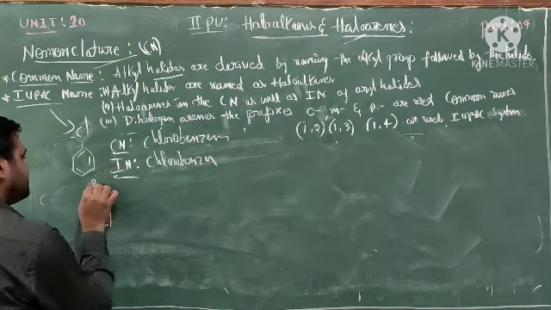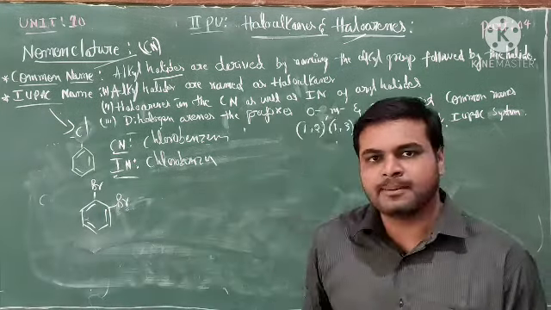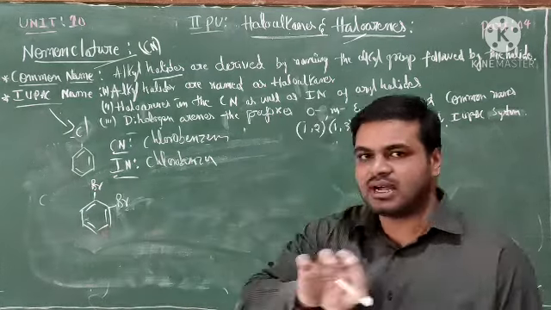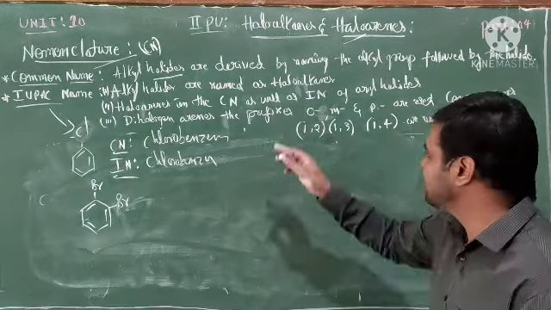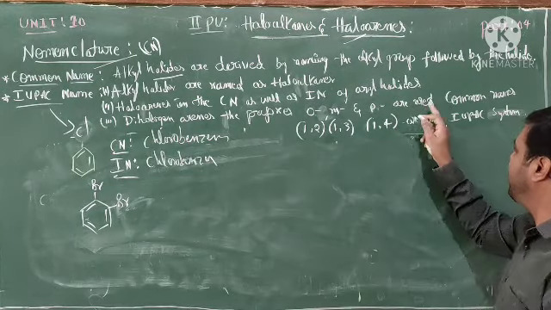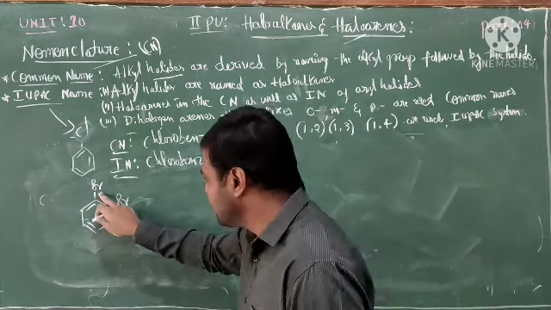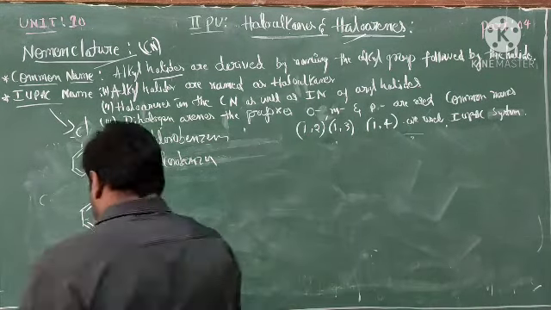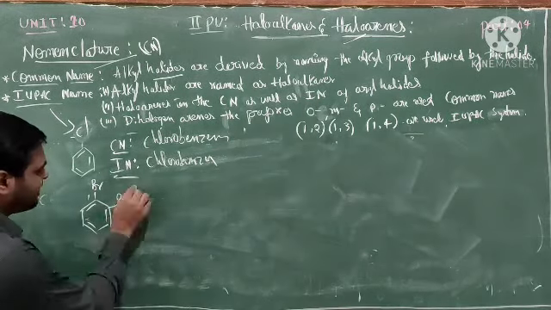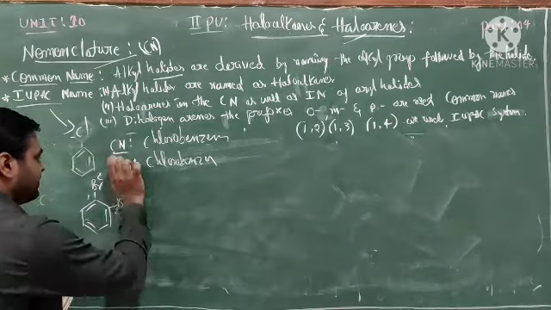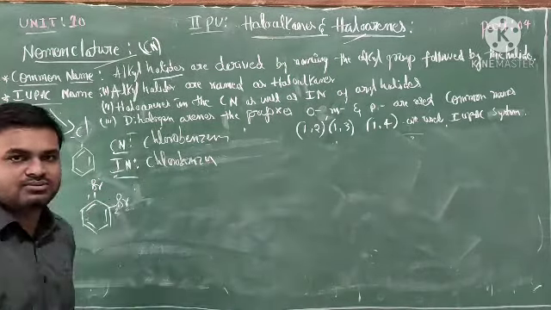So this is Br and here also Br. Just look at this example: two halogens are present, a dihalogen arene. The prefixes ortho, meta, para are used in common names. This is considered as 1, this is 2; either way, this is 1 and this is 2. So 1, 2 means ortho.